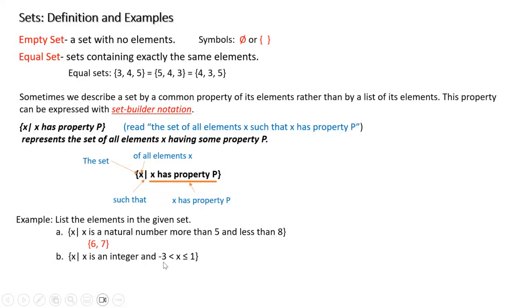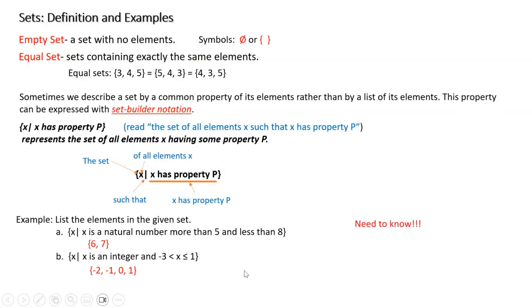So it's going to be -2, -1, 0, and 1. That's how you list them. Like we said earlier, the wording can be expressed as the set 6, 7, and also the set -2, -1, 0, 1. That's how we identify the sets for A and B.